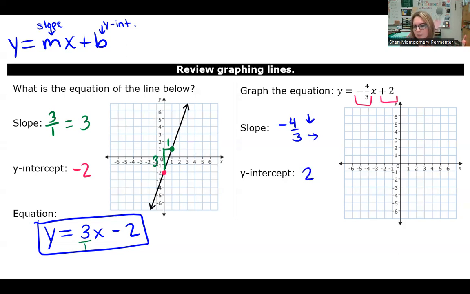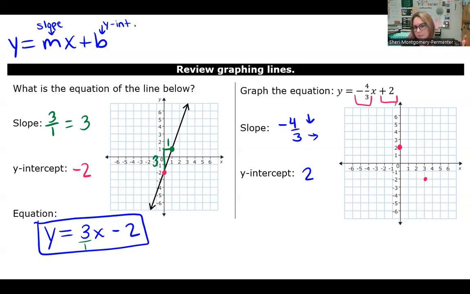You have to do the y-intercept first because that's how you find your first point. So I've got to go to 2 and then put a point. And from my y-intercept, I can go down 4 and then over 3 and put another point.